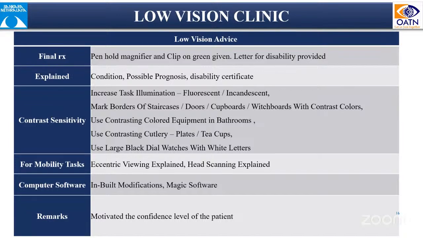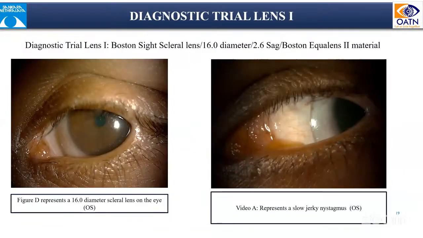So for that, we counseled the patient. And due to the optic atrophy, her contrast sensitivity was reduced and the glare was high, and as I reported, the color vision was also found to be deficient. So for that, how to enhance the contrast and how to improve daily activities, we counseled her.